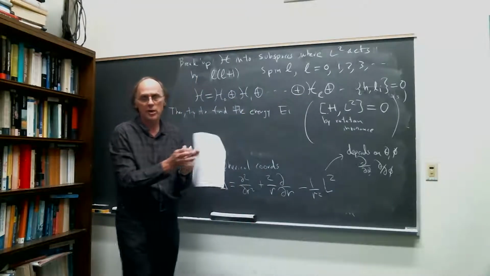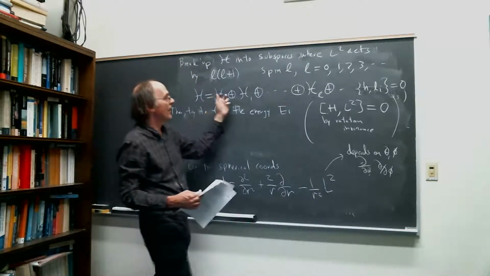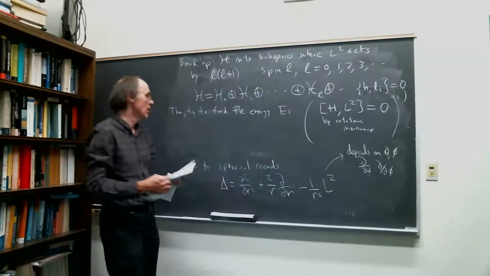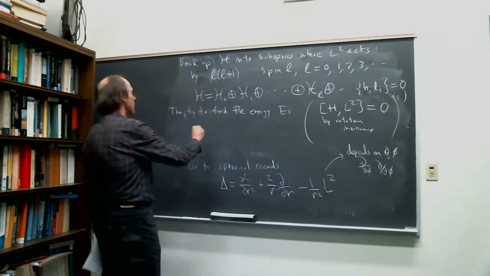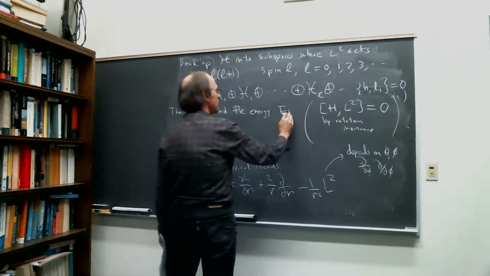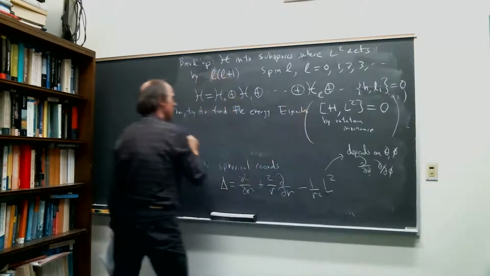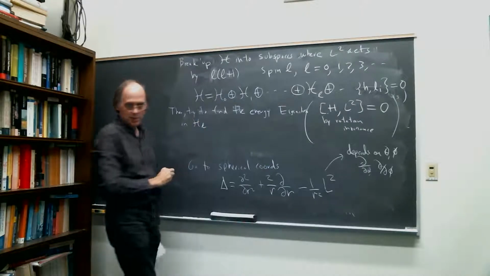So you've broken up your problem of diagonalizing the Hamiltonian into a problem of diagonalizing it on each of these subspaces, H_L. Okay, and then what you do is try to find the energy eigenvalues in H_L, so for fixed L.